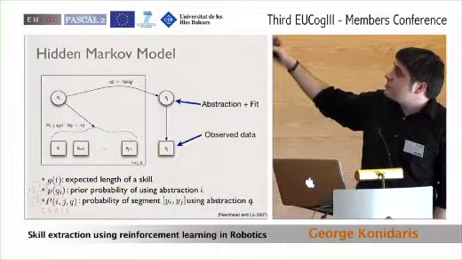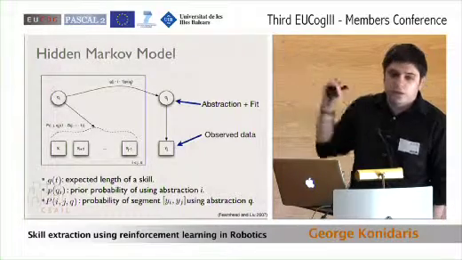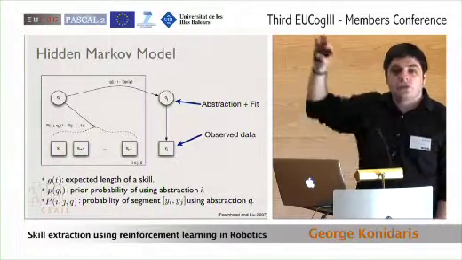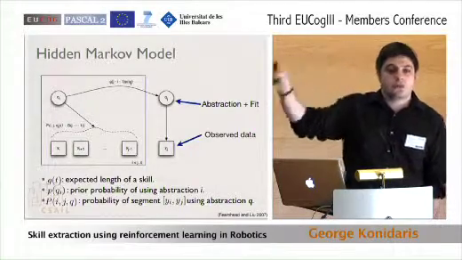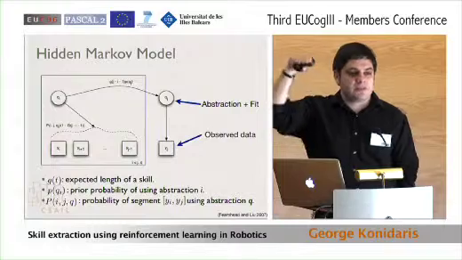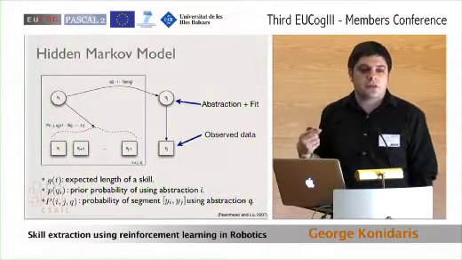The two statistical quantities we care about are the probability of seeing a reward given a state conditioned on an abstraction. So if you're using the hand to button abstraction, what is the probability that you would see this piece of data? And the other one is how long on average do you expect these skills to last?